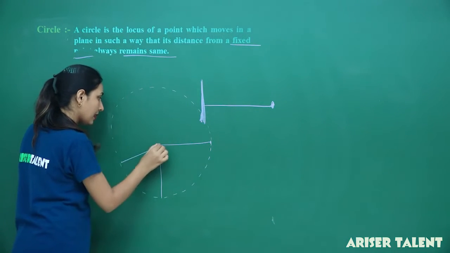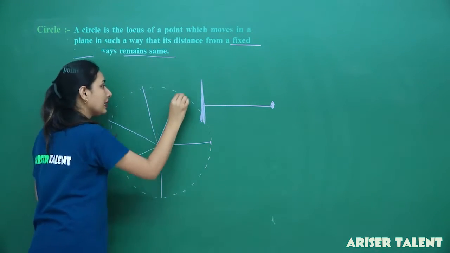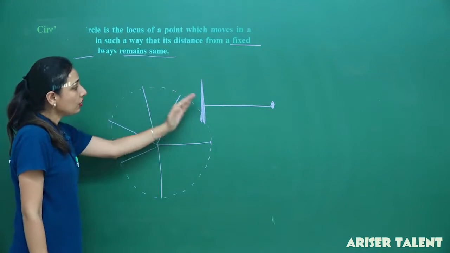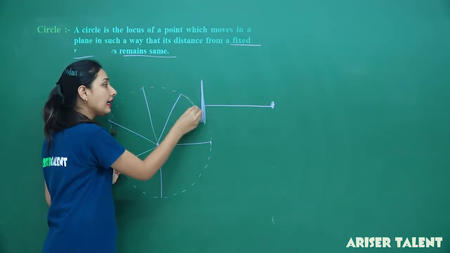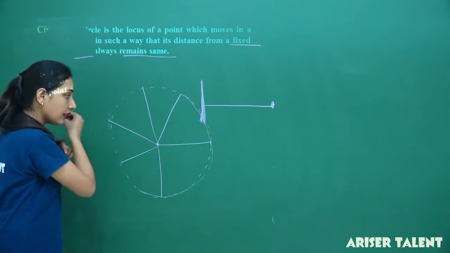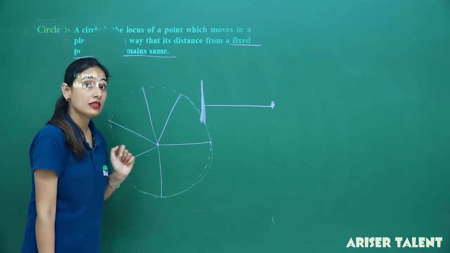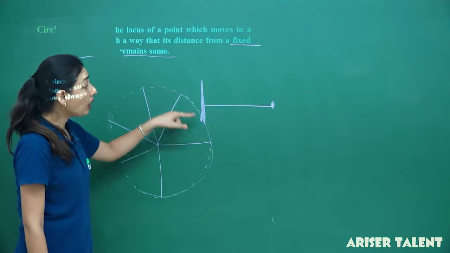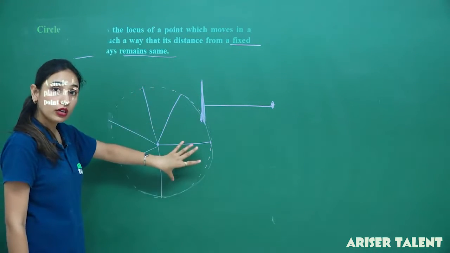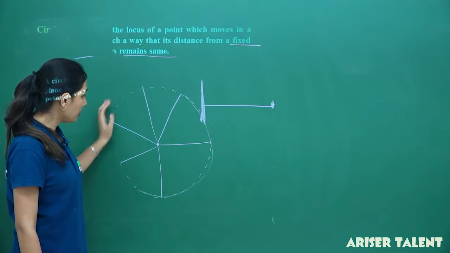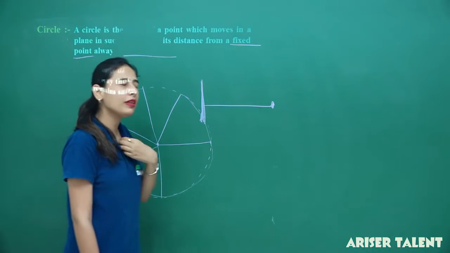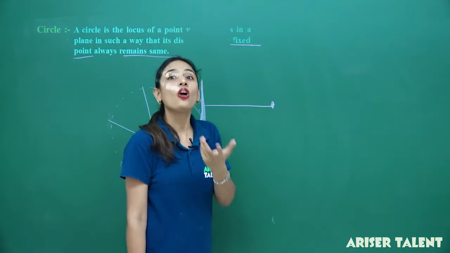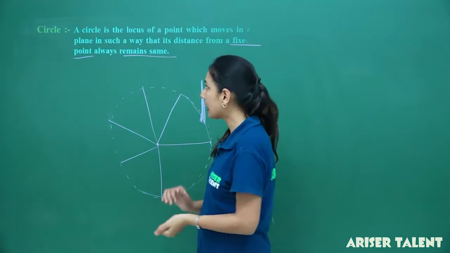This is the center here, and this path always has a fixed distance. So this locus, this path, is a group of combined points that we will call a circle.